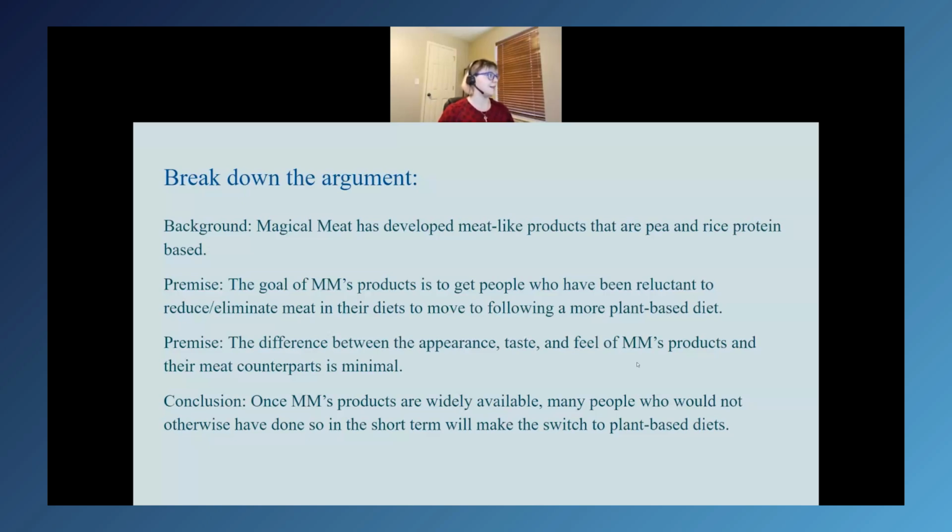And the difference between the appearance, taste, and feel of Magical Meat's products and their meat counterparts is minimal. The conclusion is, once Magical Meat's products are widely available, this is a conditional conclusion, many people who would not otherwise have done so in the short term will make the switch to plant-based diets.